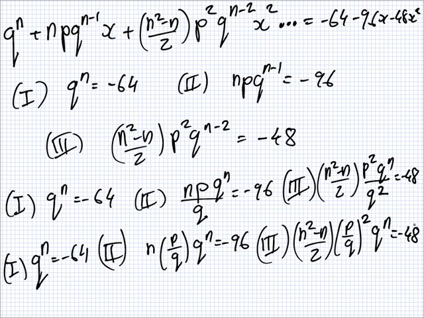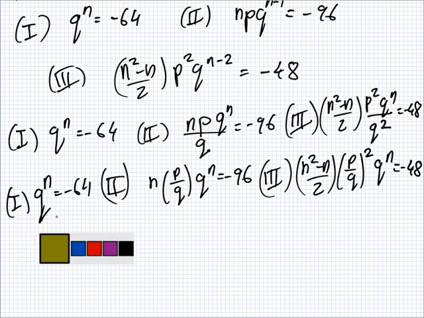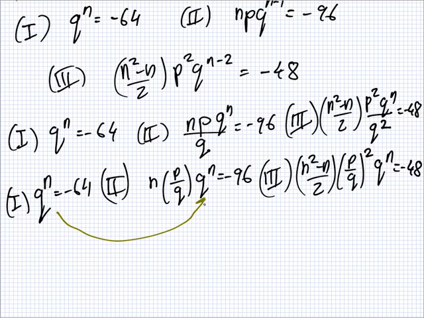Okay, so let's start simplifying here. So what you notice is that you have a qn in equation 2 and equation 3. Yeah? So just use equation 1. So what we'll do now is we'll take this guy and we'll put it in here for the qn and we'll put it in here for the qn.